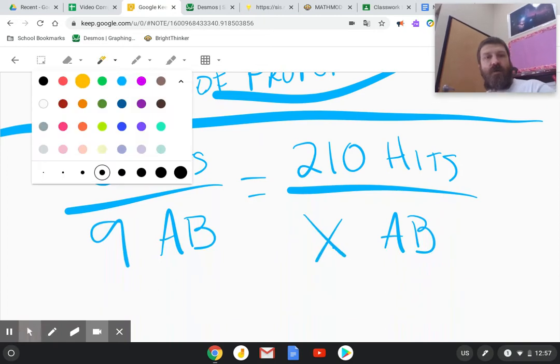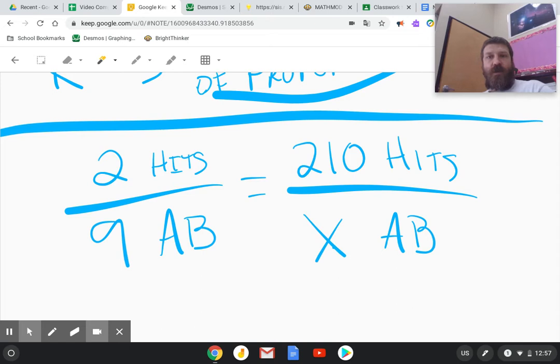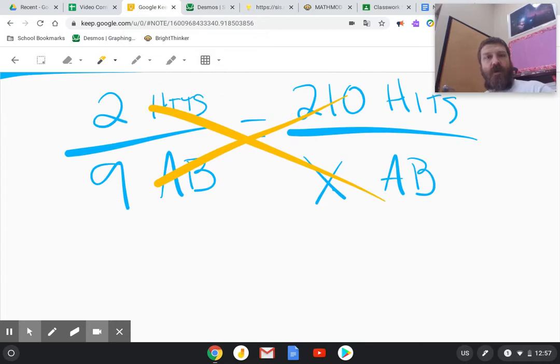When we do cross multiplication, when we have a proportion, there is a property of proportions that says I can multiply things that are across from each other diagonally, and they will be equal if I multiply those things.